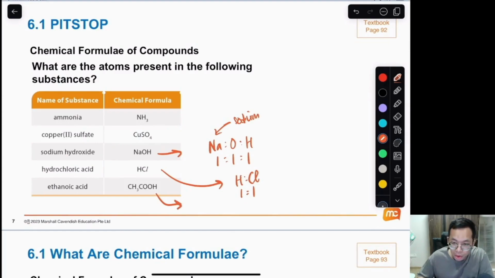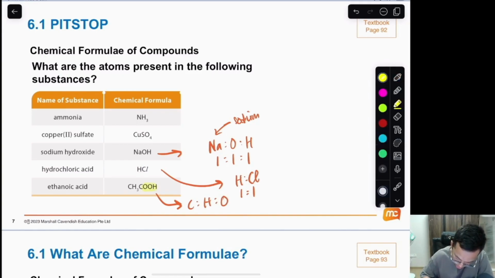Ethanoic acid is a bit unique. The types of atoms present are carbon, hydrogen, and oxygen. Even though they write it in this form, don't be deceived, it's actually O2. So how many carbons are there? There are 2 carbons, 4 hydrogens, and 2 oxygens.